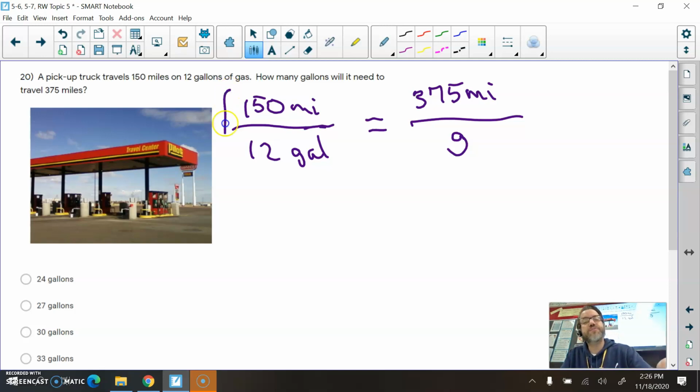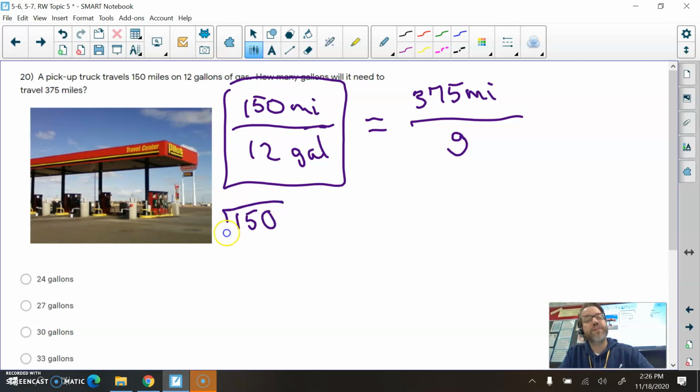So instead, take this right here, divide to find the unit rate. So we divide 150 by 12. And I can use my calculator. 150 divided by 12 equals 12.5.